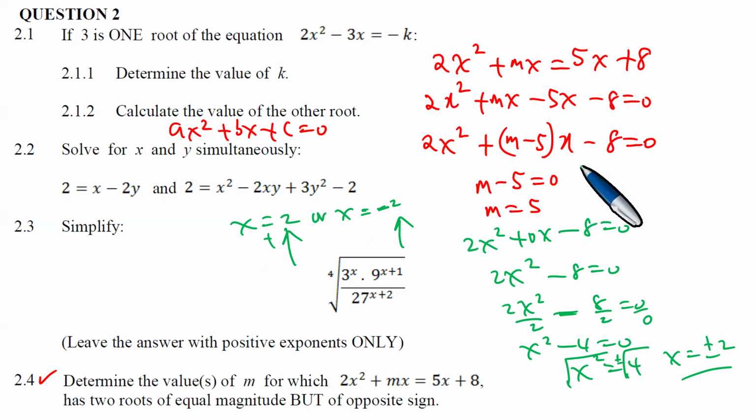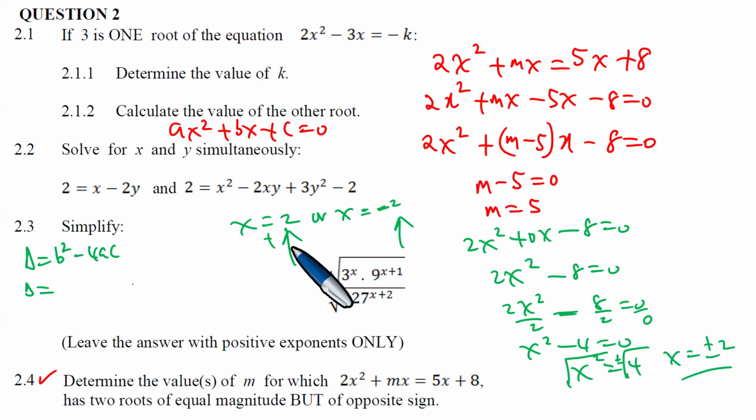So you're supposed to just look at the values of m that can work. The nature of roots can be used, but it's going to be very complicated, and it will also give you lots of possible solutions at the end. For example, the discriminant delta is b squared minus 4ac.